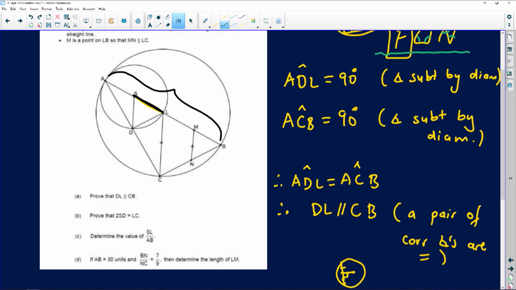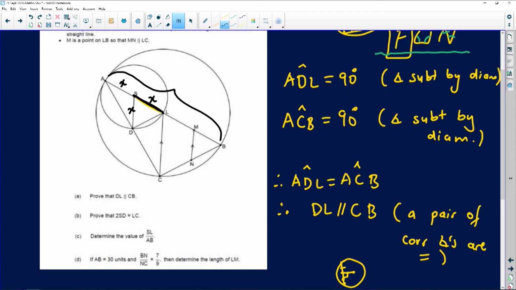So I'm going to the small circle. Let's focus on the small circle with the center S. So I'm going to ask the examiner to allow me to call SL X. So if this thing is X, who else is going to be X? Well, SL is basically the same distance as SD. That makes SD to also be X. That makes AS to also be X because all those are radii.